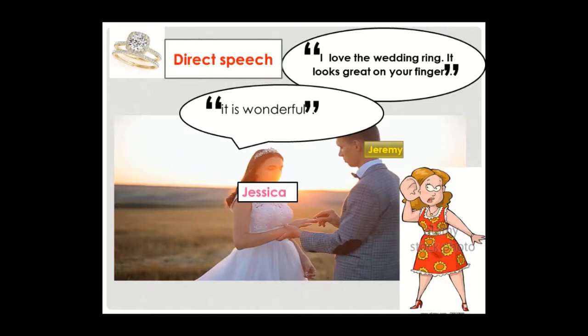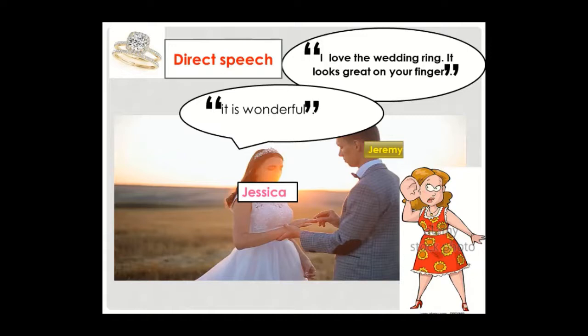Well, if you look at this woman down here, what is she doing? Yes, she is listening to what Jessica and Jeremy are saying. She is listening to the speech of Jessica and Jeremy. Now, in your opinion, what is this woman going to do after she listens to the speech?